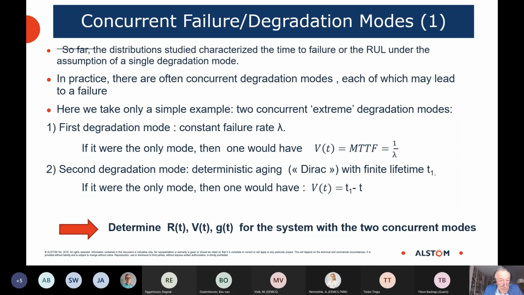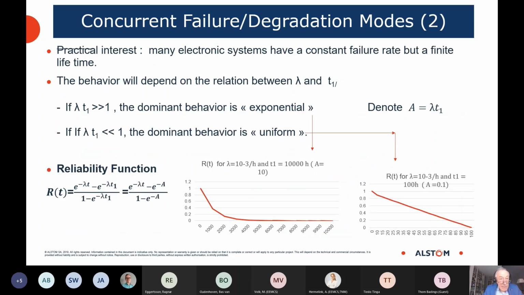So then we can look at these usual functions for those two concurrent modes. And why is it interesting? Because in electronics, you have many electronic systems which have a constant failure rate while they are within their life expectancy, but which definitely have a finite life expectancy. And engineers often forget this, which is not good.